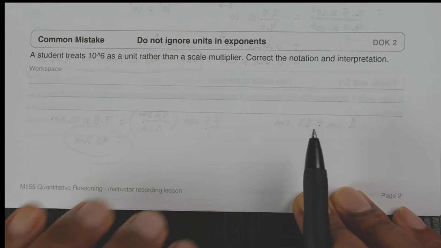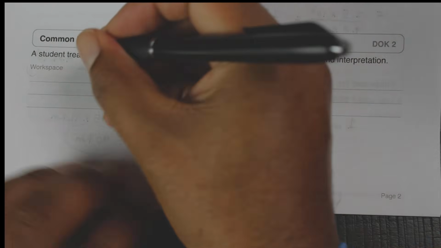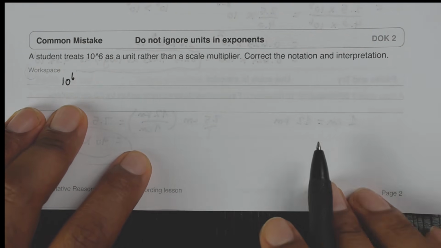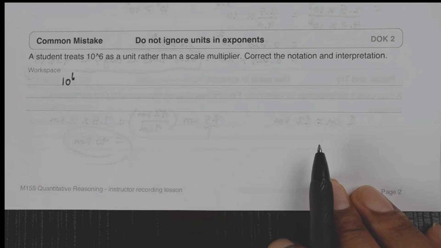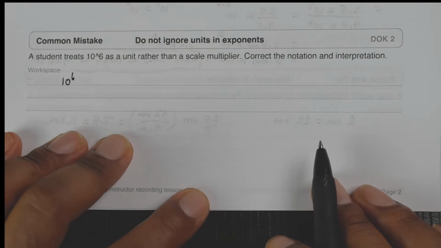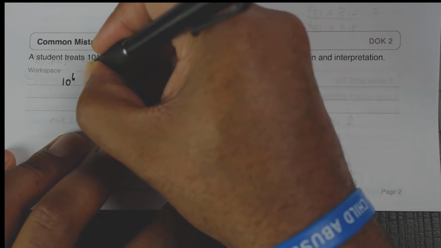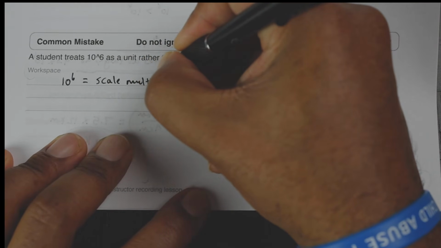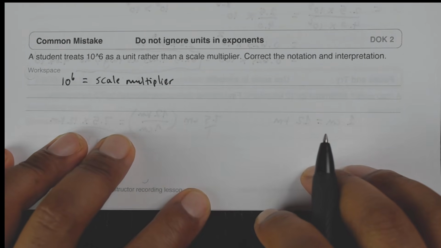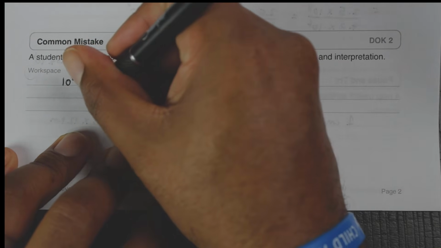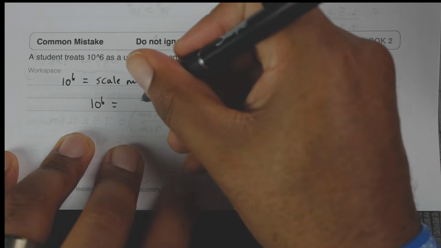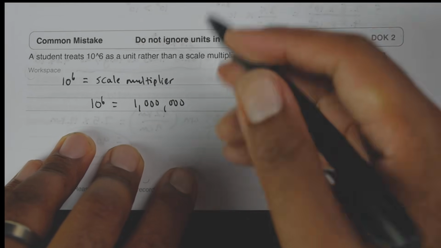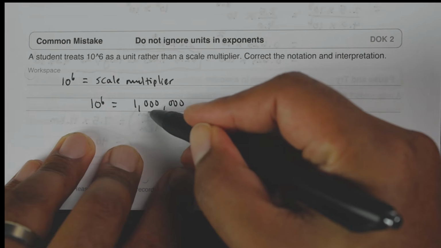Common mistake: a student treats 10 to the power of 6 as a unit rather than a scale multiplier. Okay, that is incorrect, right? It's a scale multiplier. Specifically, 10 to the power of 6 is 1 million, because 1, 2, 3, 4, 5, 6.